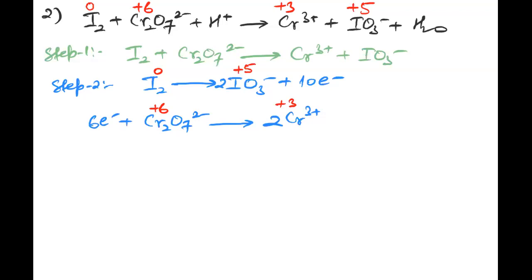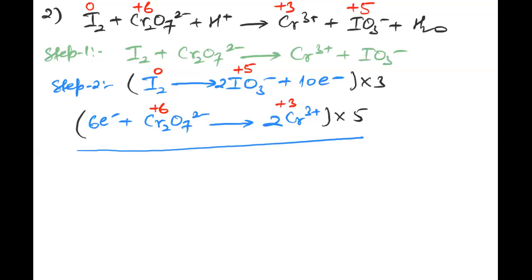Once you have both oxidation and reduction halves in step 2, you need to multiply this reaction by 5, and this reaction by 3, such that the loss of 30 electrons and gain of 30 electrons can be balanced out.